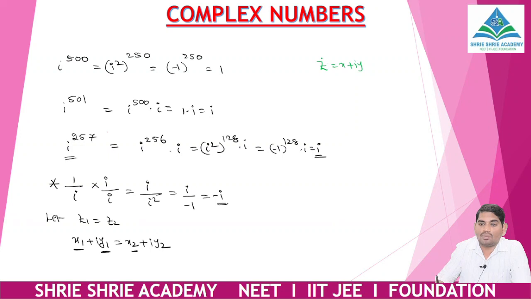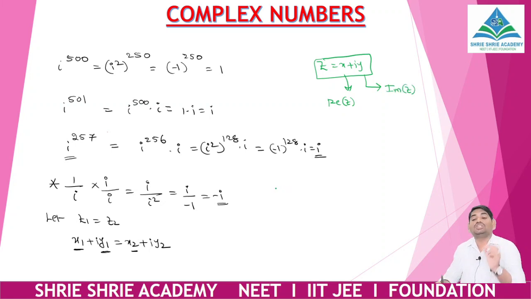This is any complex number, where x is called the real part of Z, that is Re of Z, and y is the imaginary part of Z, that is Im of Z. x is the real part and y is the imaginary part.